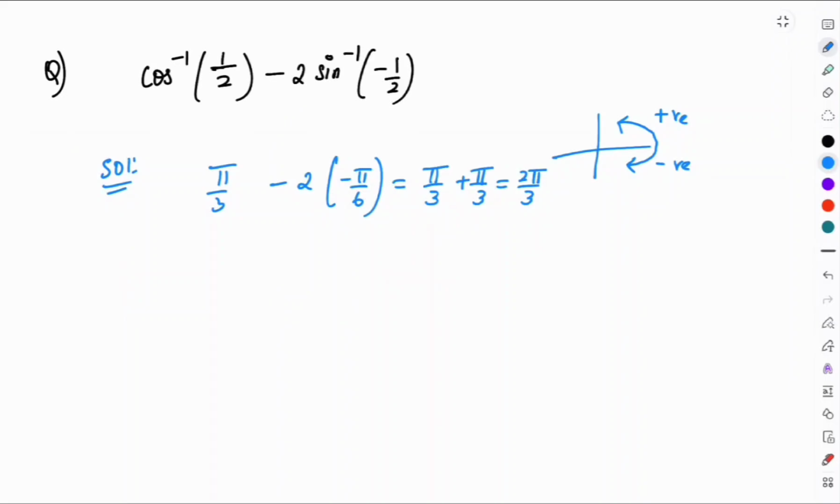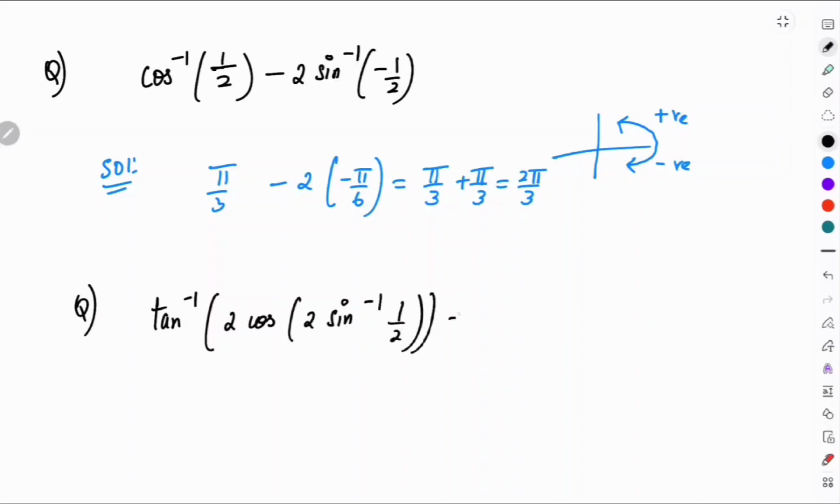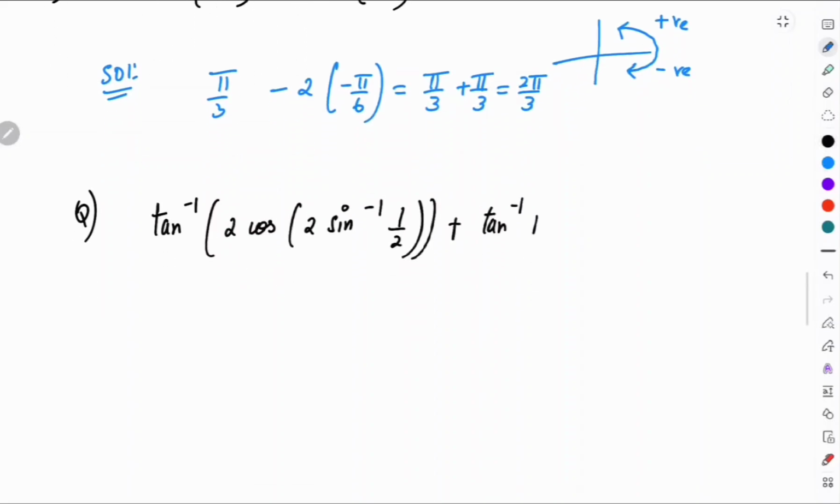And moving to the next question, we have: find the value of tan⁻¹(2 cos(2 sin⁻¹(1/2))) + tan⁻¹(1). So you know this answer already, it is nothing but π/4, because tan(π/4) is 1, so tan⁻¹(1) = π/4.